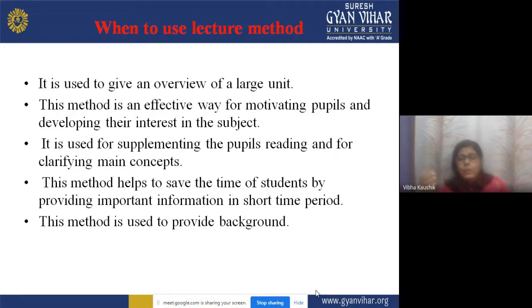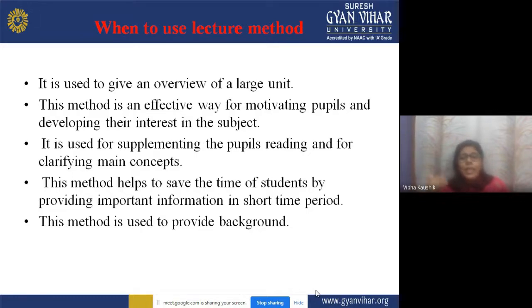Means the lecture method will be used for clarifying any doubts of the students related to that particular topic or subject, and for clarifying main concept. This method helps to save the time of students. If the teacher uses a project method or a supervised method, it is a time consuming process.